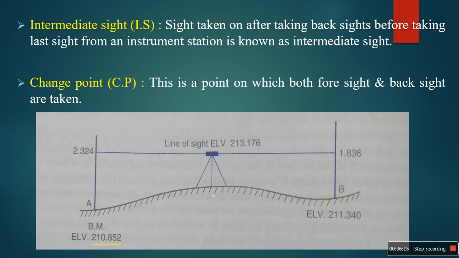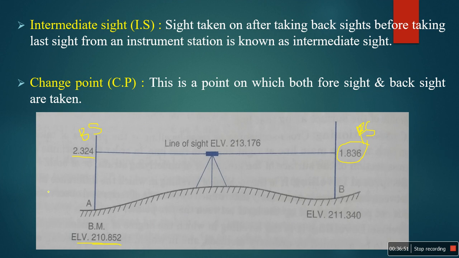Here it is given with respect to this value. After setup of the instrument, you take one staff reading, that is 2.324, on station A. For station A we know the elevation, so this reading will act as BS, that is backsight. Then I keep the leveling staff on station B. Whatever reading we take there will act as a foresight, that is FS.